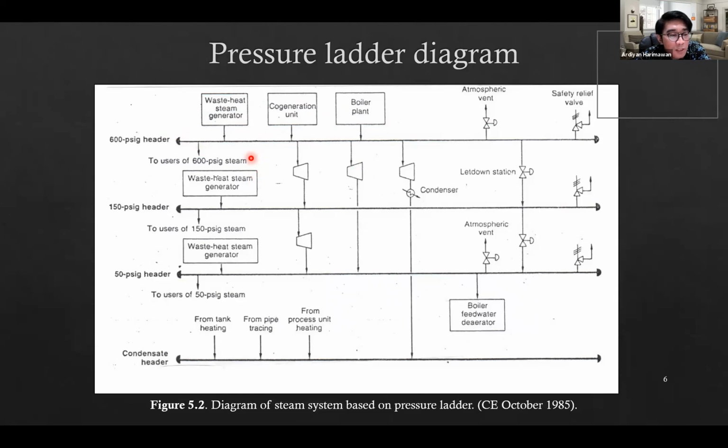Whether it should be high pressure, or very high pressure, or maybe you just need medium pressure, or you just need low pressure. And then the highest steam pressure should be able to be produced by practical equipment. I mean, if possible, just use one boiler. So one boiler should provide steam with the maximum pressure required at the plant.